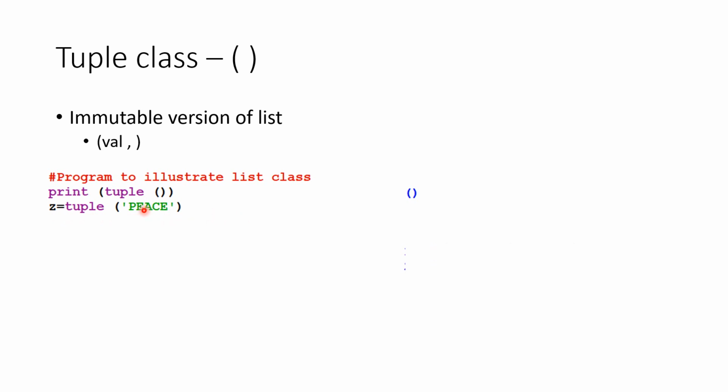For a given string, a tuple is going to be created. A tuple for a given string consists of individual characters separated by commas, like a list. The only difference is it uses parentheses instead of square brackets. So we have given an input of peace. Now here we can see that the characters are separated by commas: p, e, a, c, e.